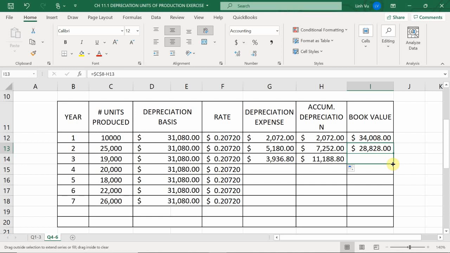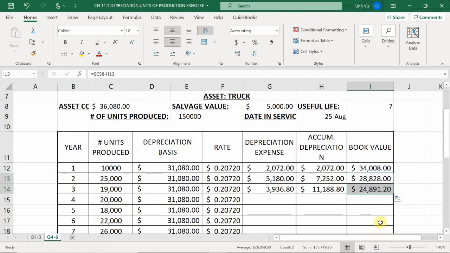I need the regular cost, 36,080. Yes. It's 24,891.20. Good.